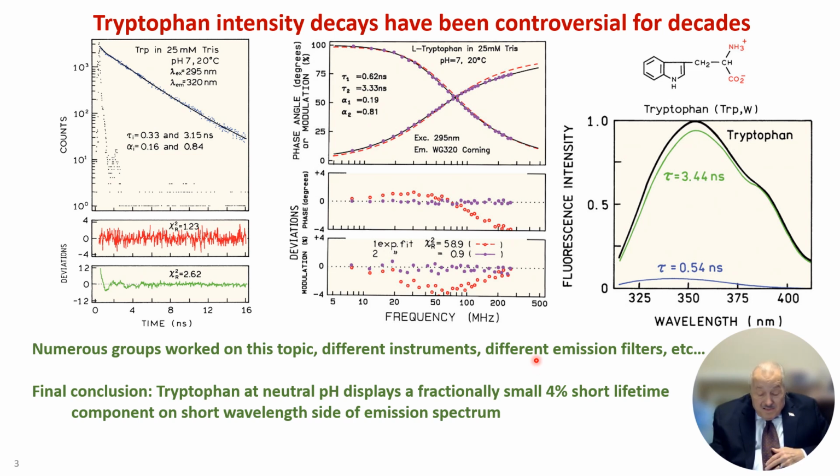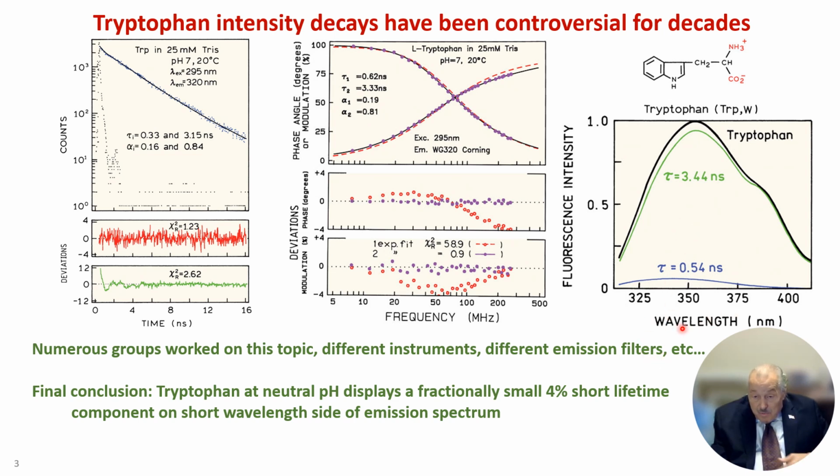Sitting on grant review panels, people would complain that, well, how can you look at proteins when you don't understand tryptophan? I'll get to the final conclusion in a minute. But after all of these studies by many people, done with different instruments and different emission filters, the final conclusion was yes, tryptophan in neutral solution does have two decay times.